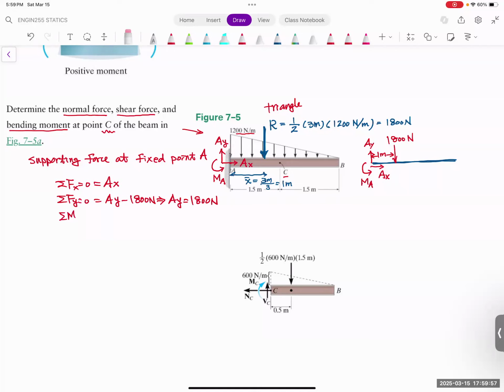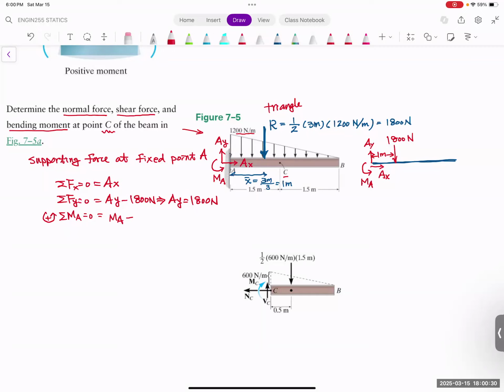If we pick a point at A, it has to be equal to 0. At the point A, we have a moment, and that is moment of A. Now the direction matters, so let's just say this is the positive direction. This is the moment A, and we have another moment caused by the R, and that moment is going to be clockwise. So we're going to use minus instead of positive.